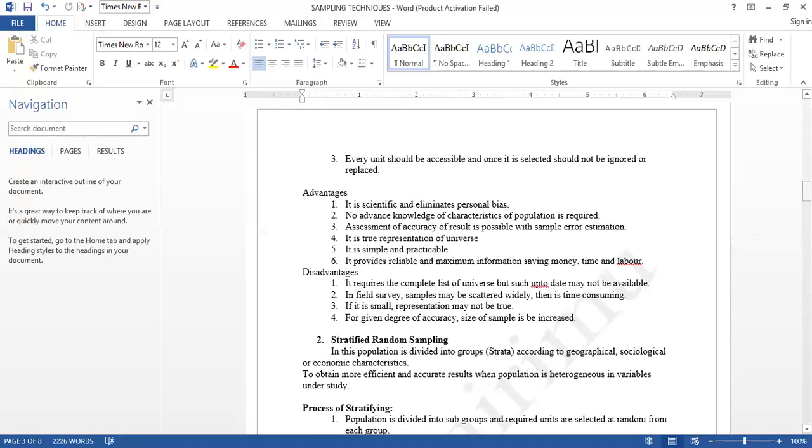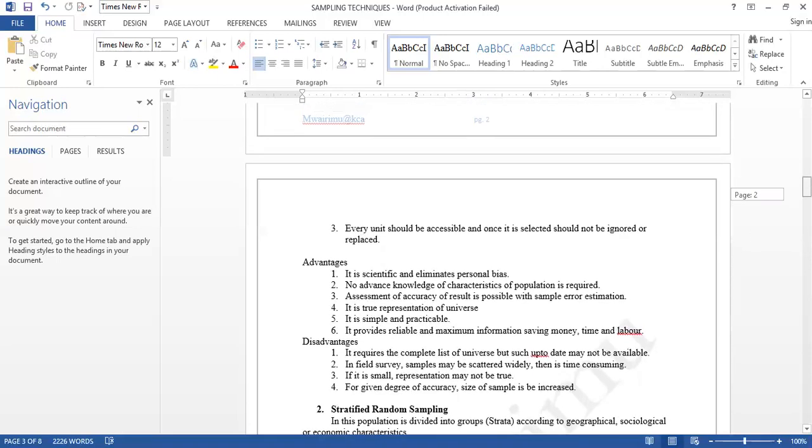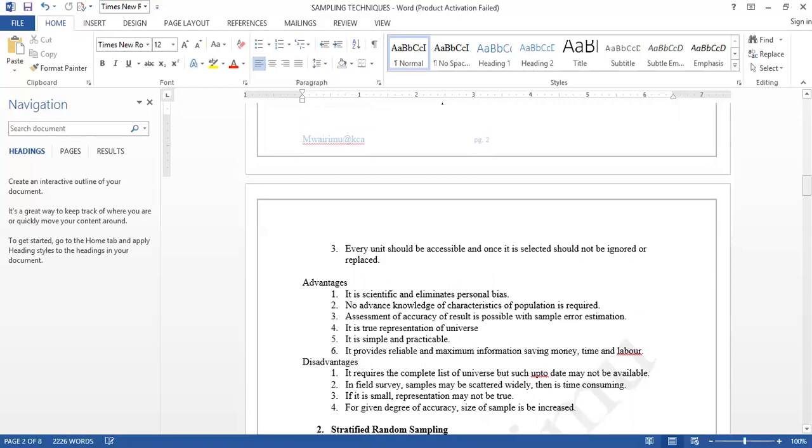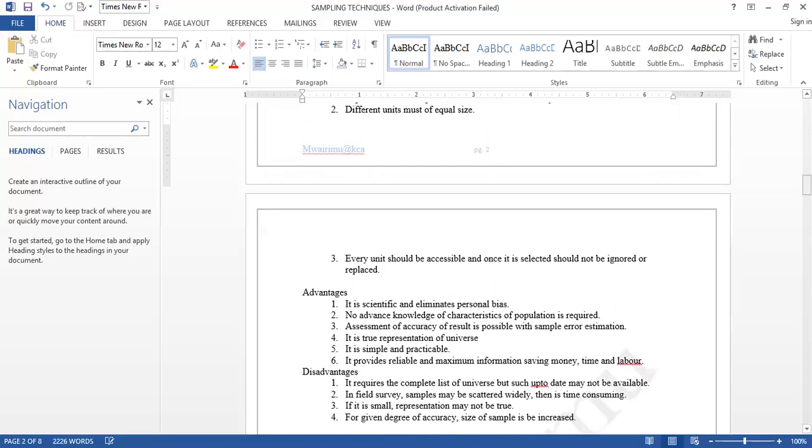Another disadvantage: for us to say our results were accurate and reliable, the degree of accuracy should be taken care of, but it goes back to what elements were chosen from that particular population. What was our size of the sample? Did we come up with a size that is going to be a true representative of the population?